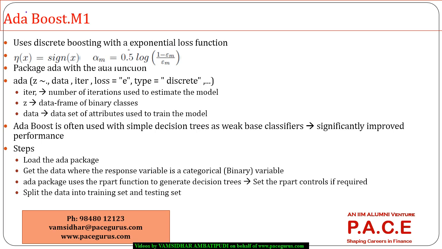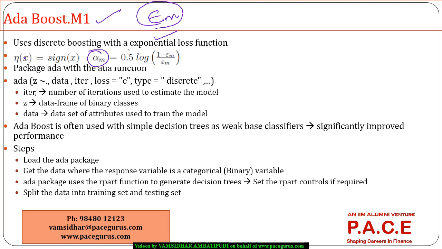Now, if I am looking at AdaBoost M1, I have already talked about it. The loss function is an exponential loss function in this. So epsilon m is computed as an exponential loss function. The alpha m, which is an iteration-specific learning coefficient, is computed as 0.5 times the logarithm of 1 minus epsilon m by epsilon m.